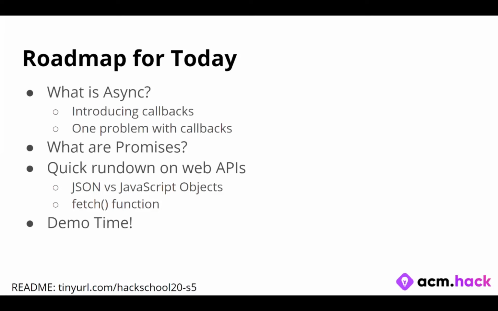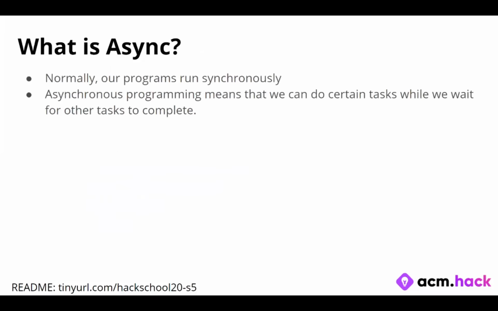And so we're going to jump from promises into web APIs, which is an application of asynchronous programming, and we're going to introduce the fetch function. And then there's going to be a demo at the end. So first of all, what is async?